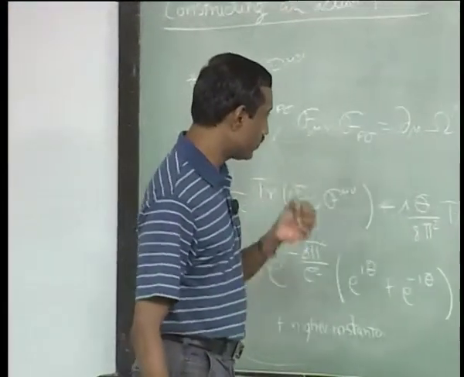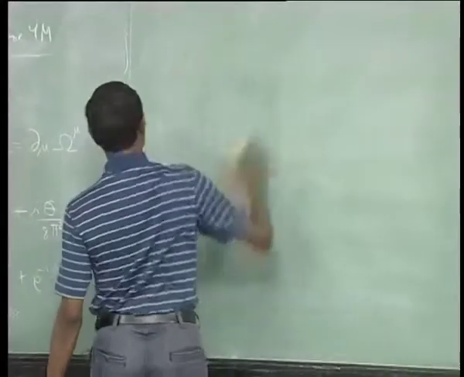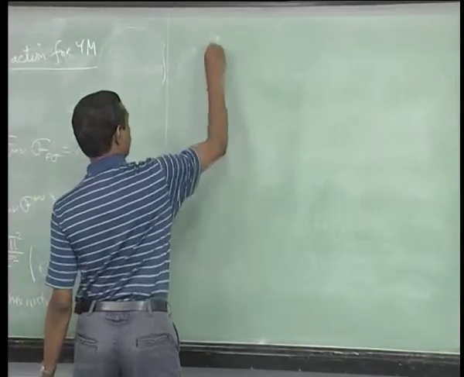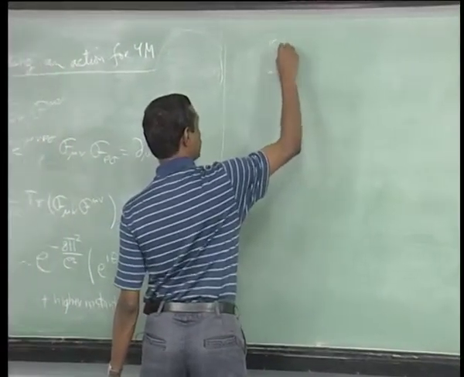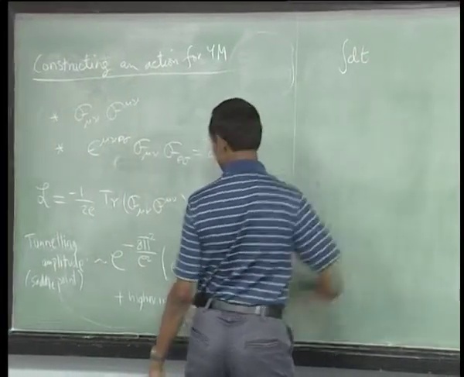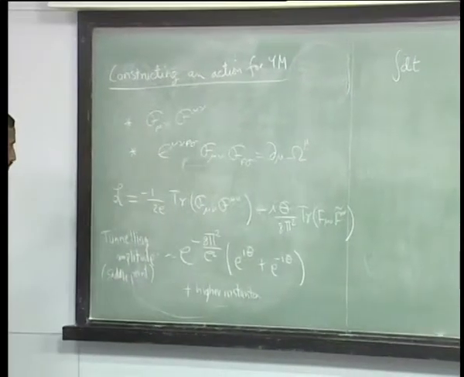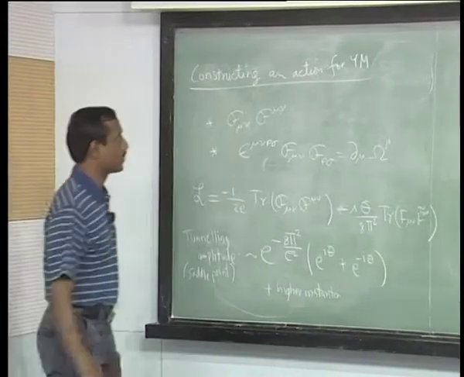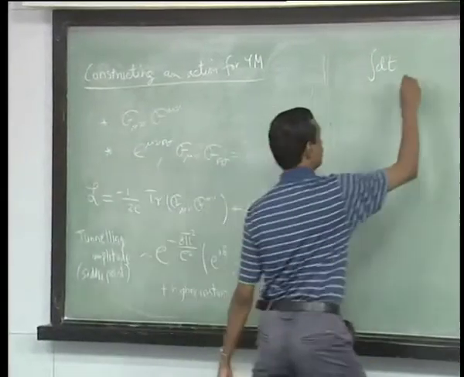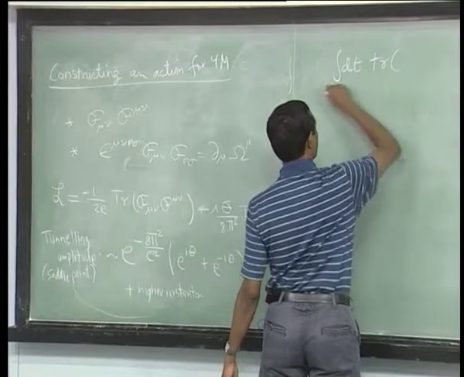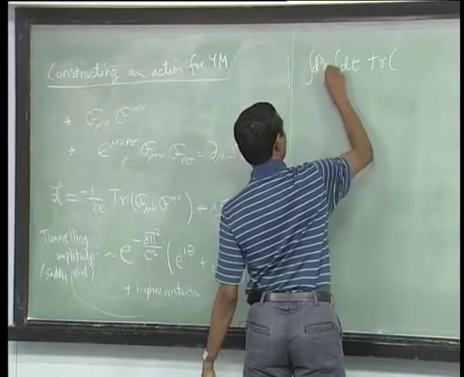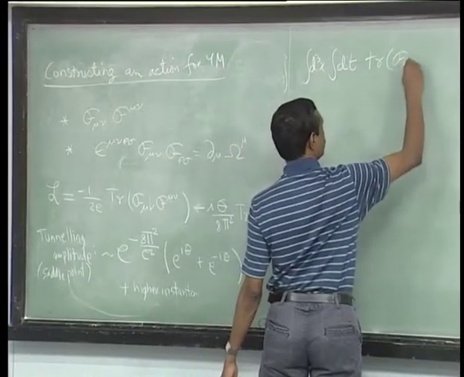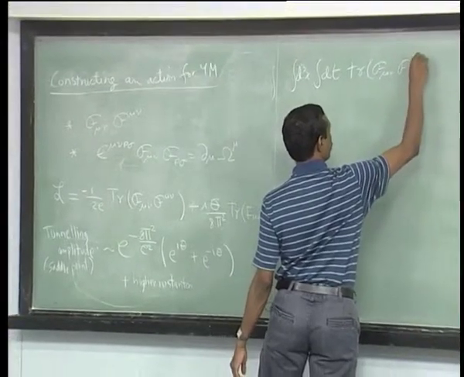Okay, the reason is the following: what would happen is that you would have some dt and yeah, so let us look at, so there will be a d cubed x. First let us do the normal term F mu nu F mu nu.